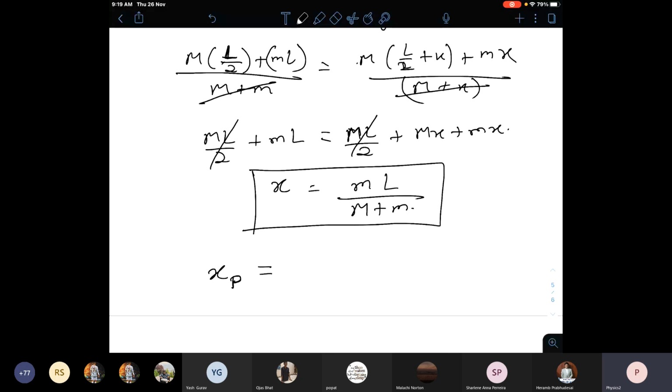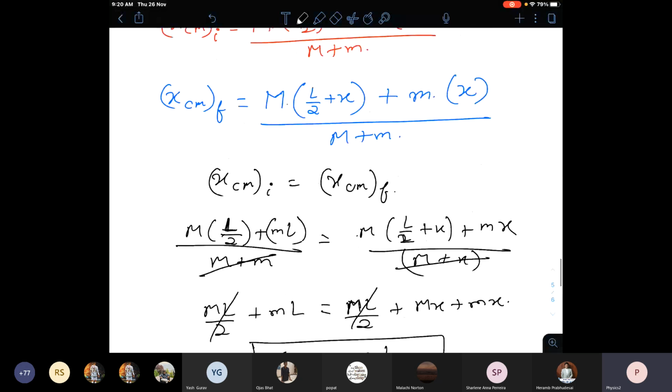X is representing the displacement of the plank, which is equal to the mass of man into the relative length L relative. What is L relative? L relative is the relative length which the man has moved on the plank, because you can see here the man moved a distance capital L on the plank, not on the ground.